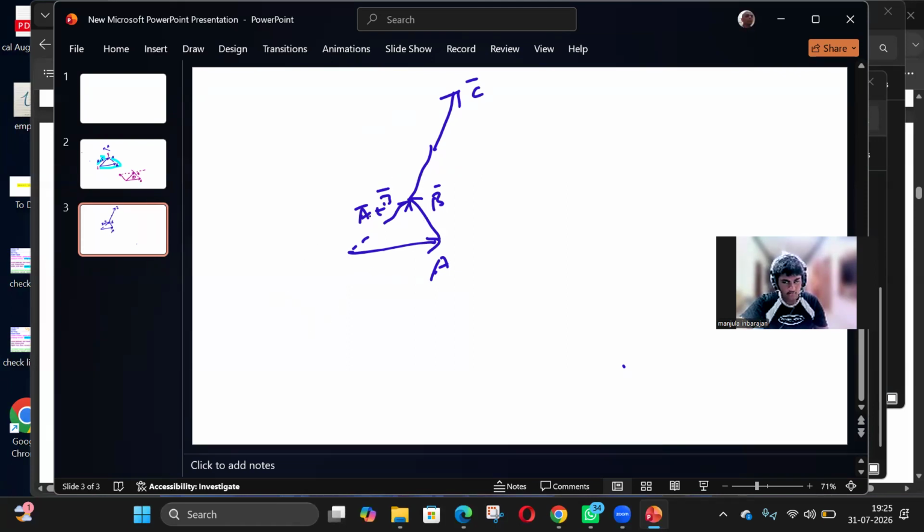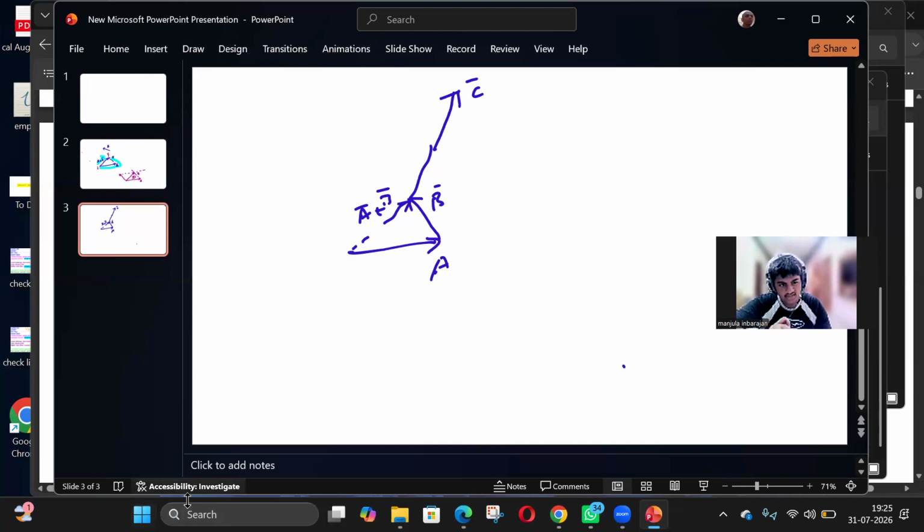From this, I get the polygon law, which states that I have to join the vectors head to tail. Head and tail have to touch each other, and I have to draw a vector from the tail of the first vector to the head of the last vector to get the sum. That is the polygon law.